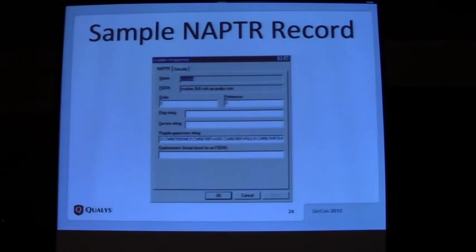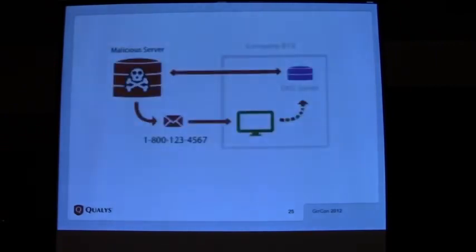Any questions? No? So how could this vulnerability be exploited in a real world scenario? What an attacker could do is set up a malicious domain name server with a crafted DNS record, the NAPTR record, and send an email to one of the people in a company.